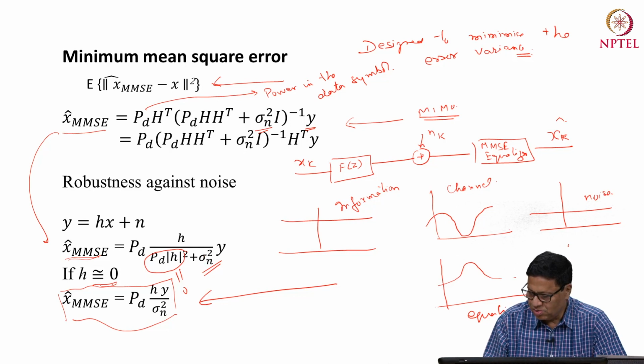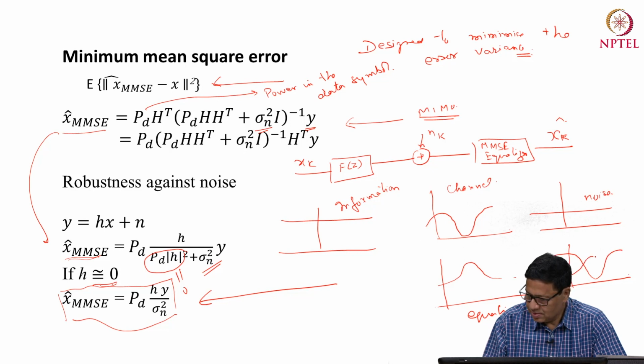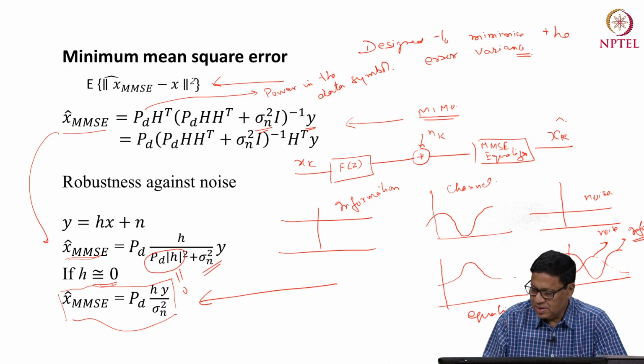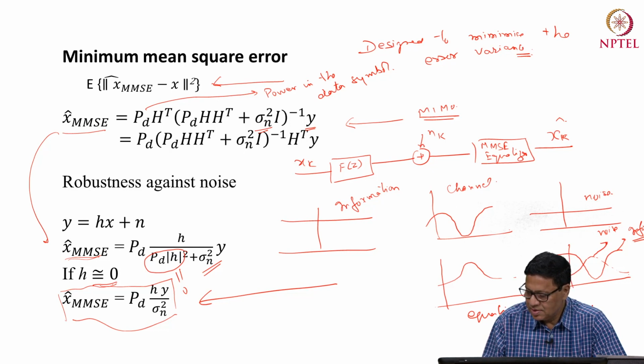And if you see the corresponding output, this is the info here, and this is noise. There is some ISI now introduced, but there is no noise enhancement.